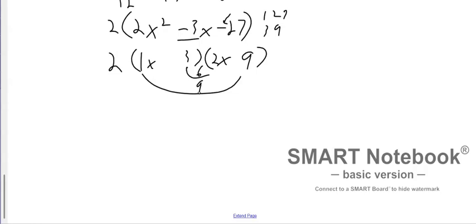Well, I caught a little bit of a break there. I got it right the first time. Now I want negative 3. I get that from 6 minus 9. So I want the 9 to be negative and the 3 to be positive. And there's my answer. And that is a summary of all the factoring we've done so far.